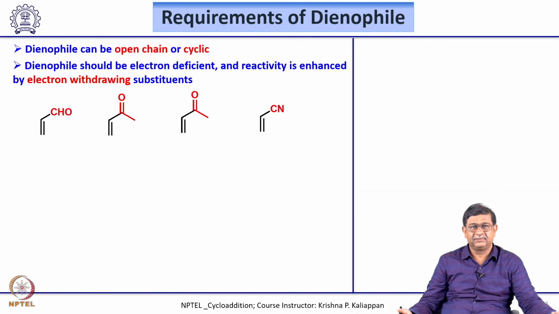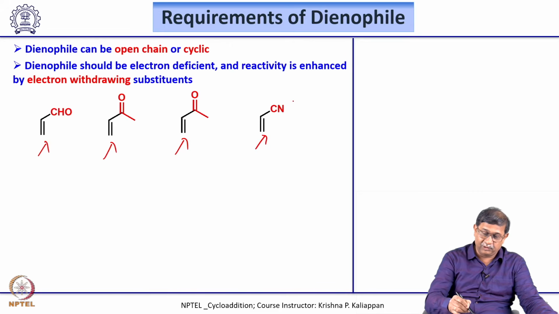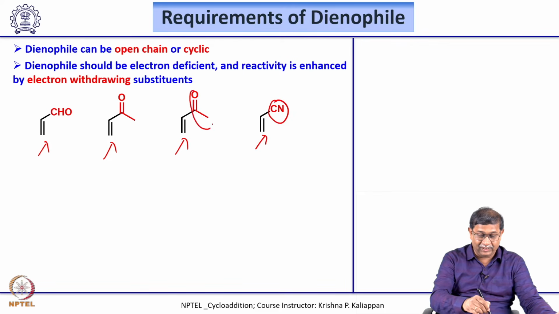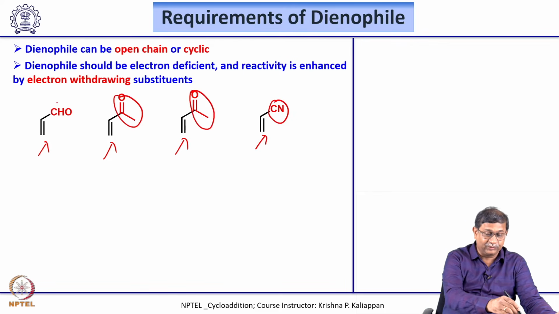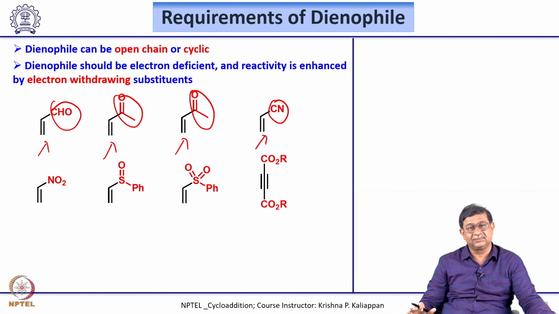For example, you can see all these have double bond. Okay, so these are dienophiles, but what is important is, for the normal Diels-Alder reaction to happen, you have electron withdrawing groups attached to the double bond. So these four will act as a very good dienophile in 4+2 cycloaddition reaction.